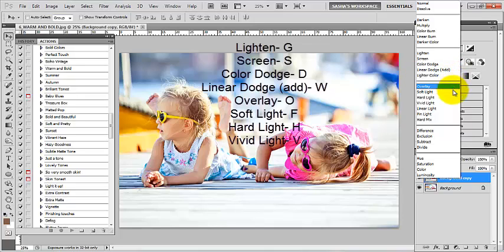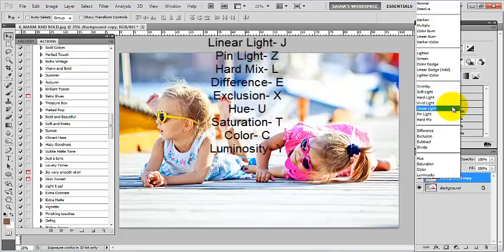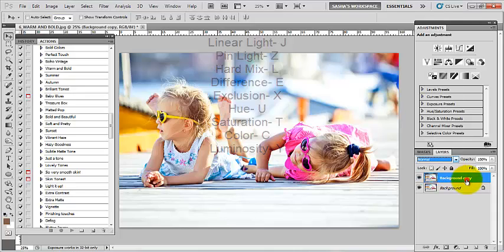Overlay is O, soft light is F, hard light is H, vivid light is V, linear light is J, pin light is Z, hard mix is L, difference is E, exclusion is X, subtract and divide do not have them. Hue is U, saturation is T, color is C, and luminosity is Y.